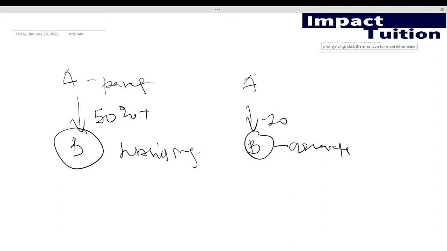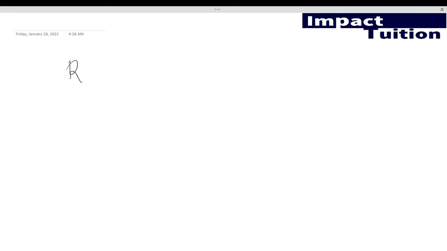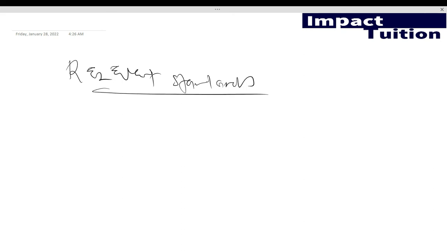With that said, we will look at some relevant standards. There are quite a lot.